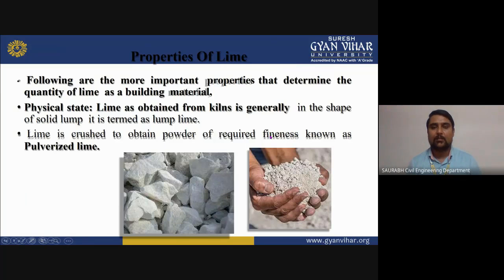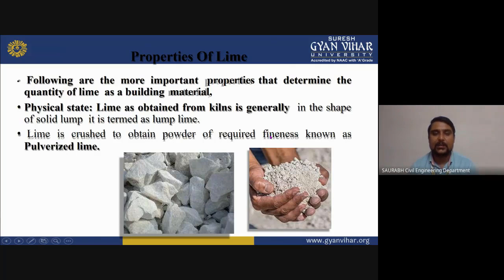Now we will see a very important point: what are the properties of lime, and how it imparts a binding property in the mortar. Following are the more important properties that determine the quality of lime as a building material.